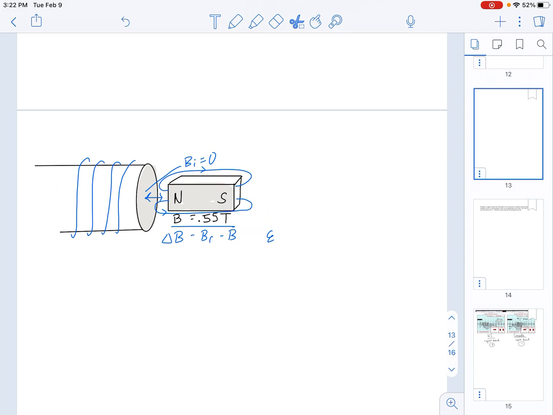Okay, that turned out pretty good. I'm going to delete the parts of this that I don't need. I'm not going to worry about the numbers right now. Now we're going to talk about the direction.